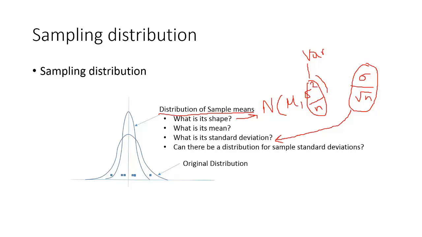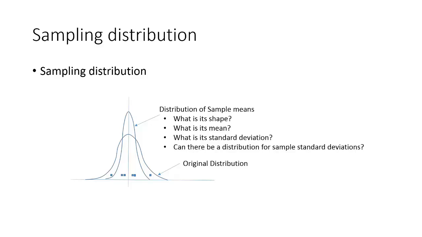Now you might have a question saying, okay, so we did all of this work to say that you have an original distribution, you randomly sample from the distribution, and you compute an arithmetic mean, then that arithmetic mean that you compute has a distribution of its own, and we spoke about the mean and shape and standard deviation of it.